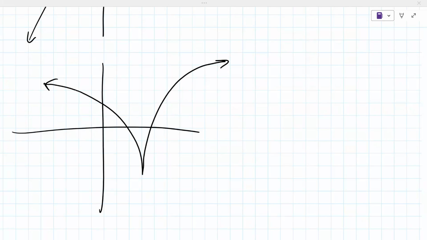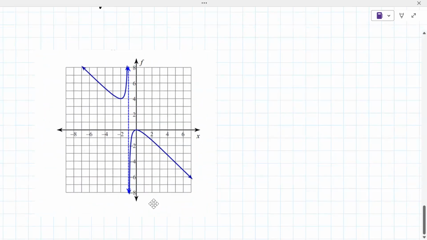Let's see if I can find a worksheet here with some problems on it. Is this one continuous?